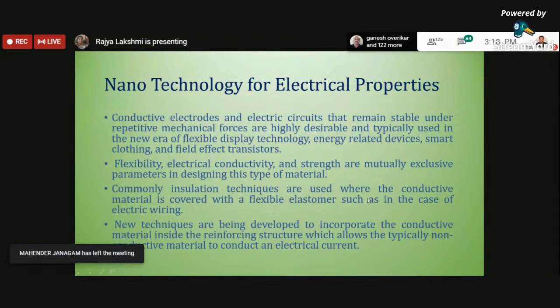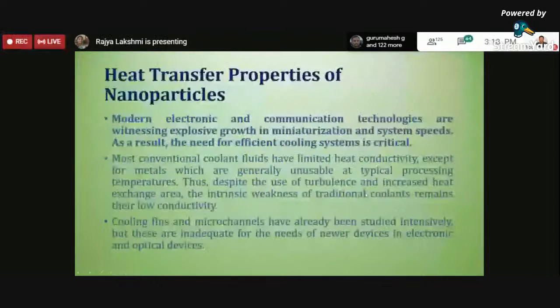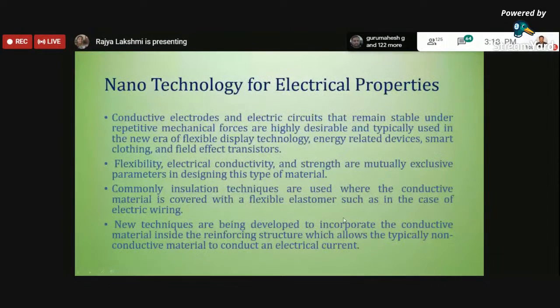Commonly, insulation techniques are used, especially for conductive materials covered in flexible elastomer, especially in electric wiring. Nowadays, nanotechnology is being adopted for fabricating even nanowires, which help reduce power loss, especially during power transmission.